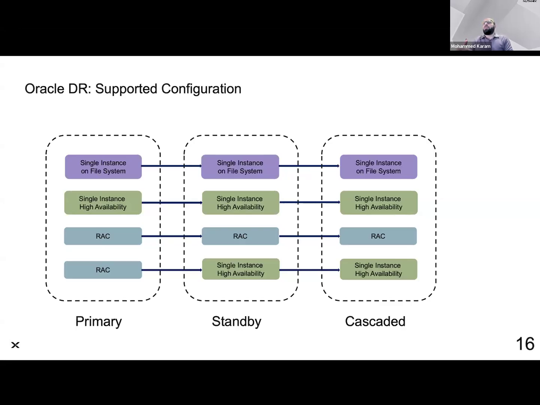The constraint holds also for CHA databases for single instance high availability. But with RAC, you have a little bit more flexibility. With RAC, you can either perpetuate that RAC attribute across your standby and your cascaded databases, or you could fall back to a CHA if that's what your business continuity plans demand. Next slide, please, Jeremy.